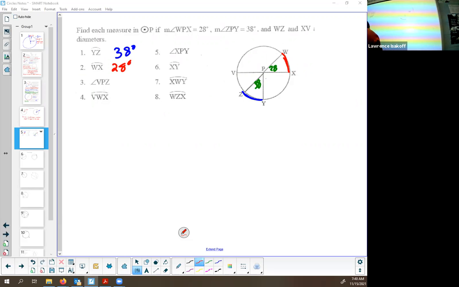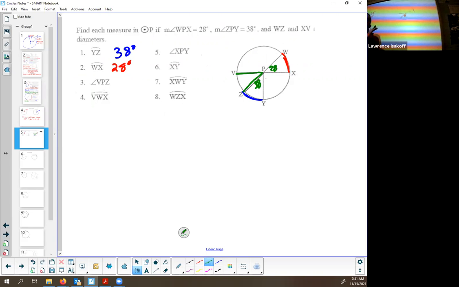The next thing it wants us to know is angle VPZ. When I look at that, this angle is across from this other angle here that's 28. Angles that are across from each other are called vertical angles, and vertical angles are always equal to each other.